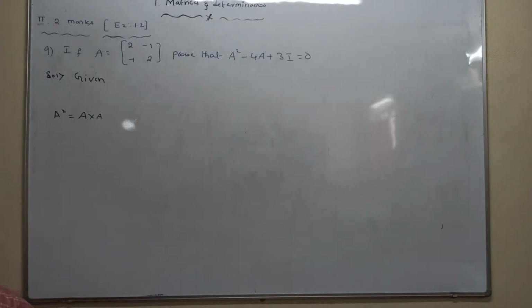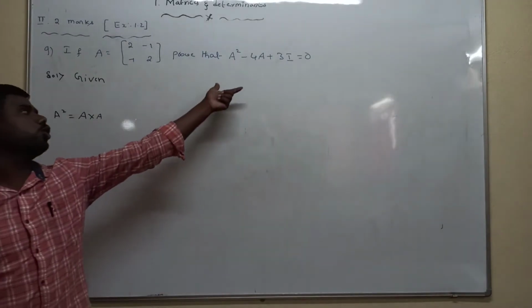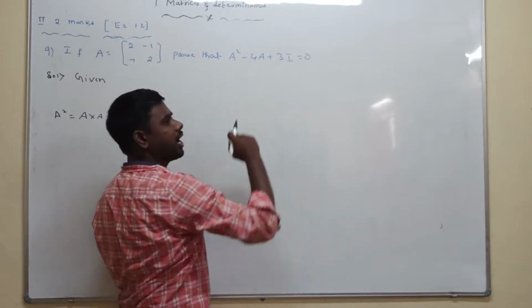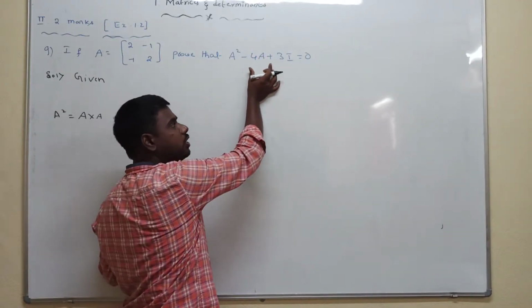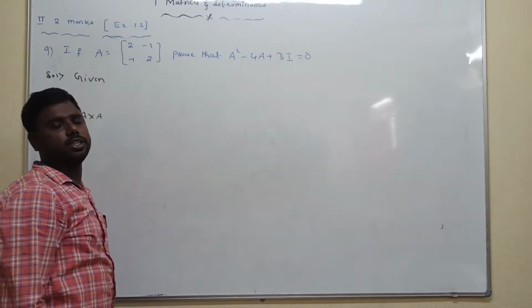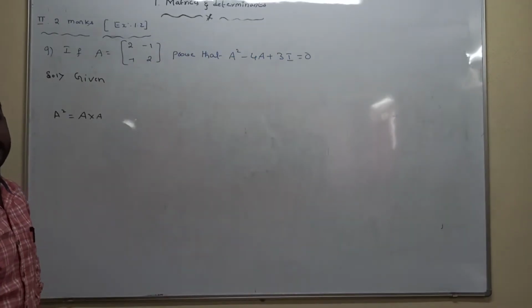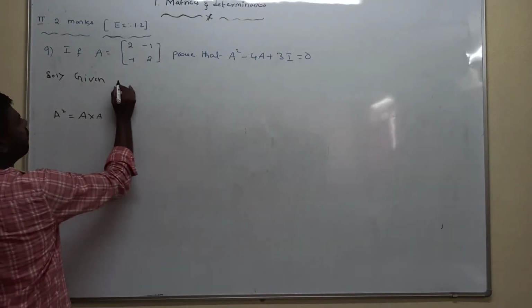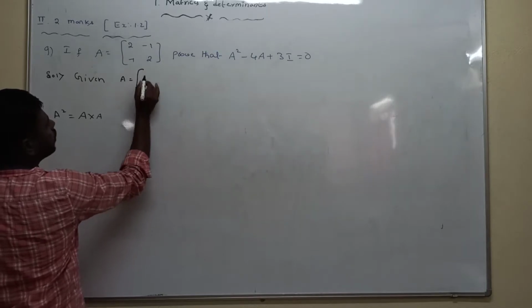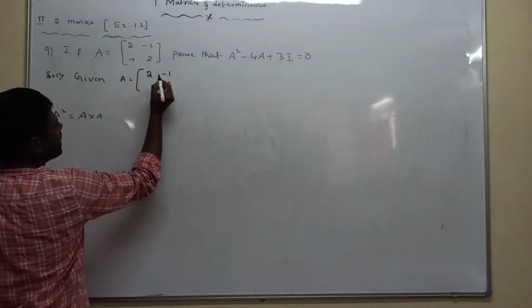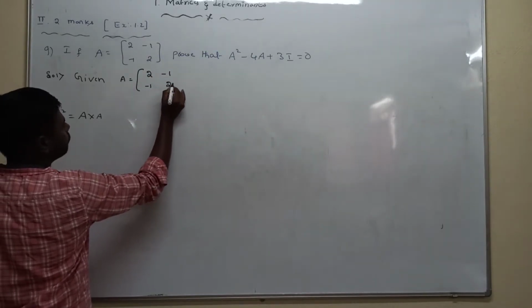So in this question also you have to take the left hand side to prove the RHS null matrix. Take the left hand side condition to prove the null matrix. So in this question also, first we need to calculate A square. Right, the solution: given capital A is equal to [2 minus 1; minus 1 2].